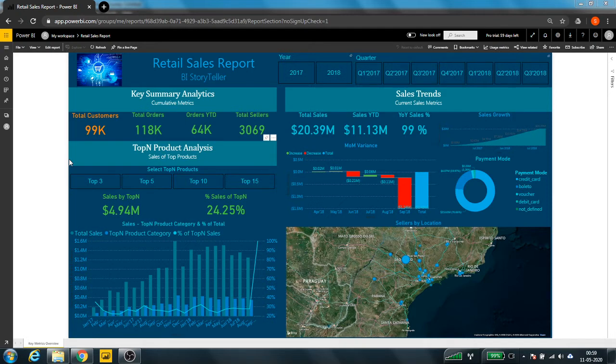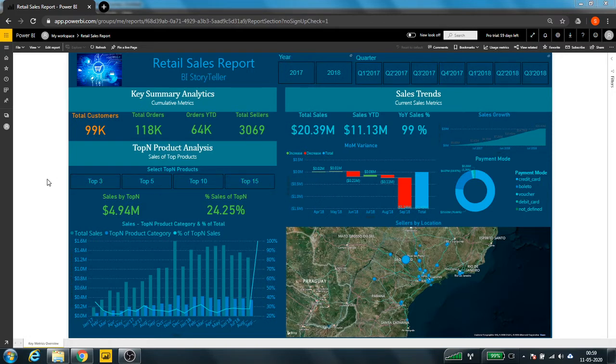Aside from these three segments, what we've got are filters or slicers that help you to drill down into your data. So you could either drill down into 2017 or 2018 and into any of these quarters. We've also created a dynamic top N function.